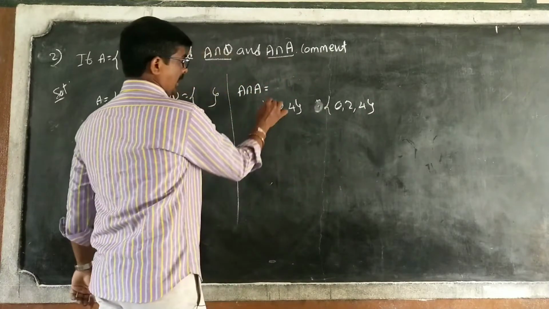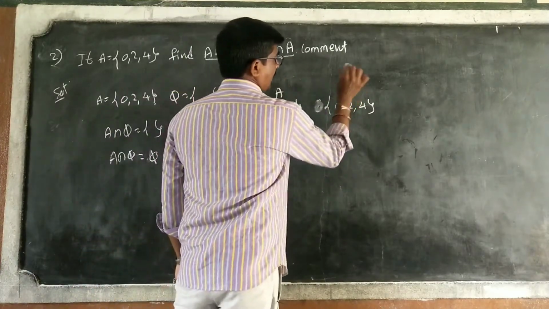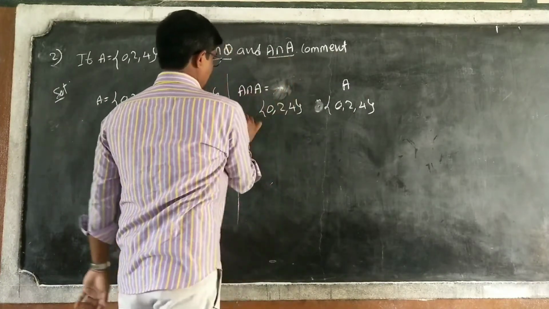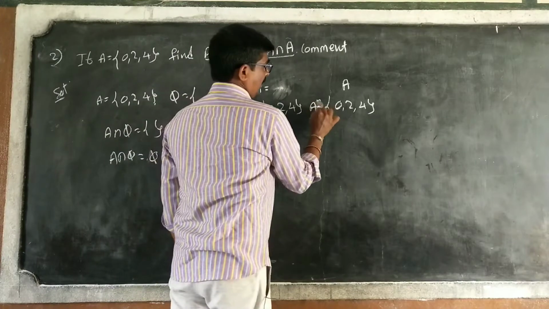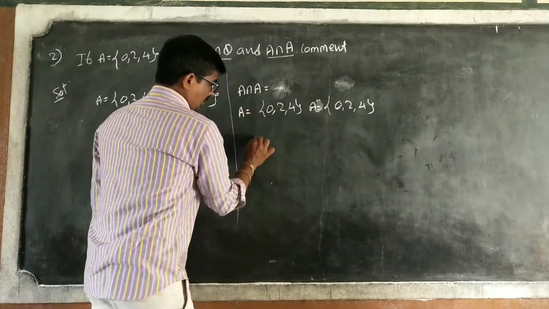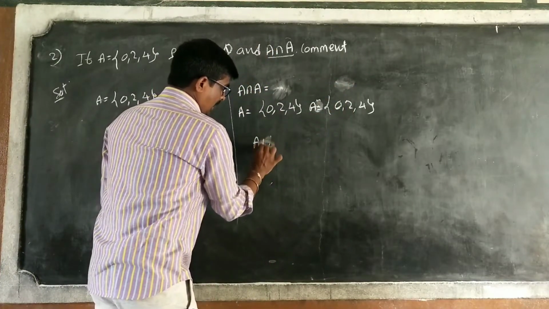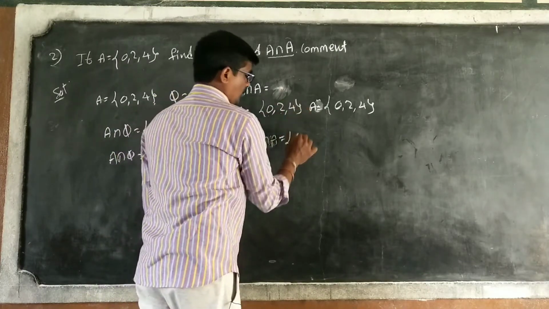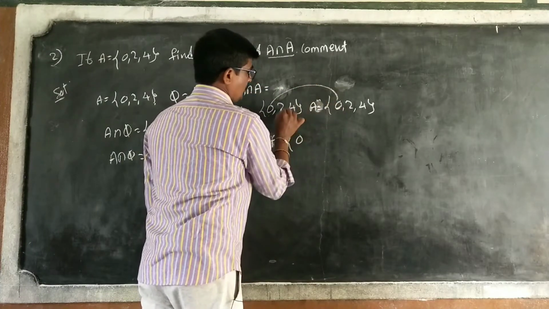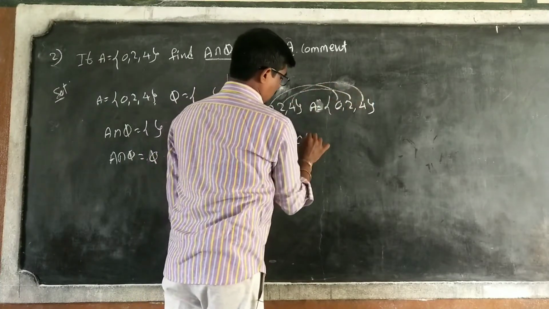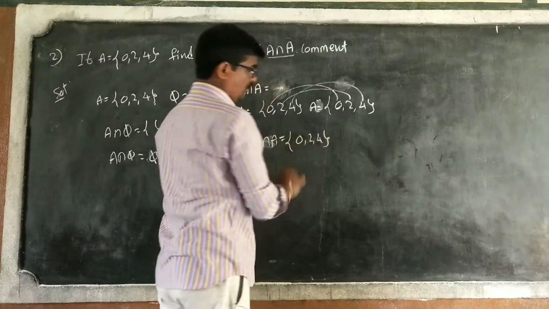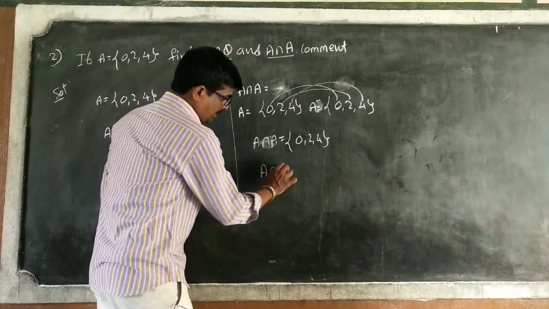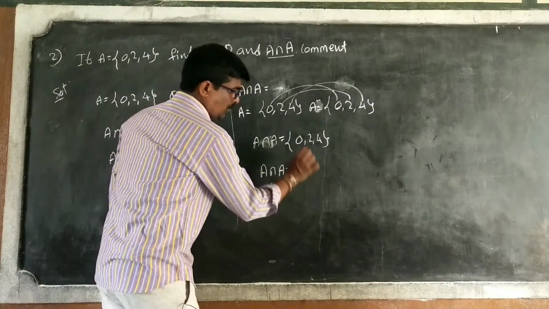This is also set A. We have to write the common elements of both. Both have 0 to 4. So A intersection A is equal to A only.